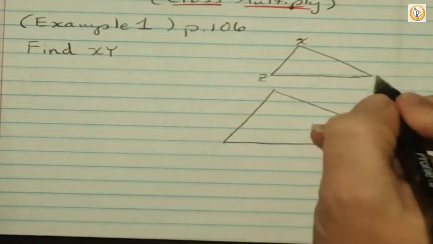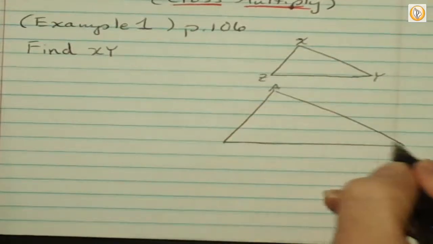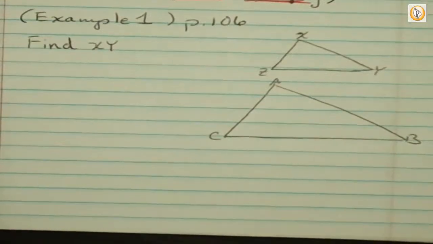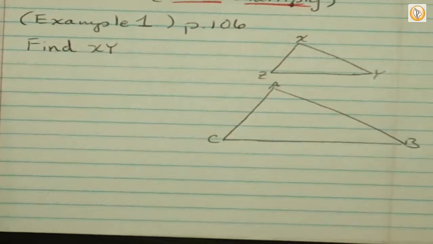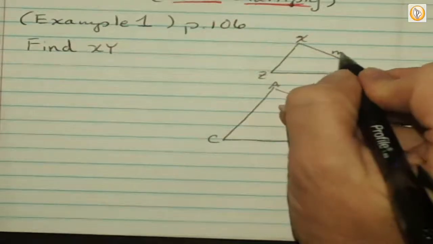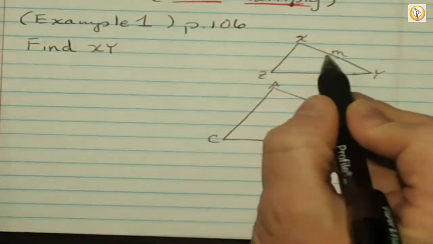X, Z, and Y. A, B, and C. So like on the little triangle, there's M. Oh yeah, I'm about to do that. This side is M measurement. We don't know what it is.